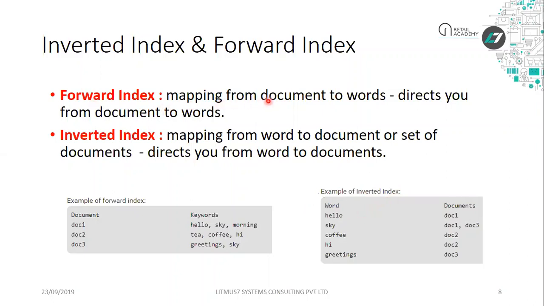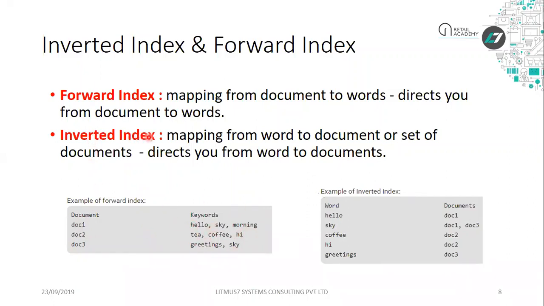Forward index is the mapping of documents to the words inside each document. Suppose doc1 contains 3 words, doc2 contains another 3 words, and doc3 contains another 2 words. This is how the forward index will look.